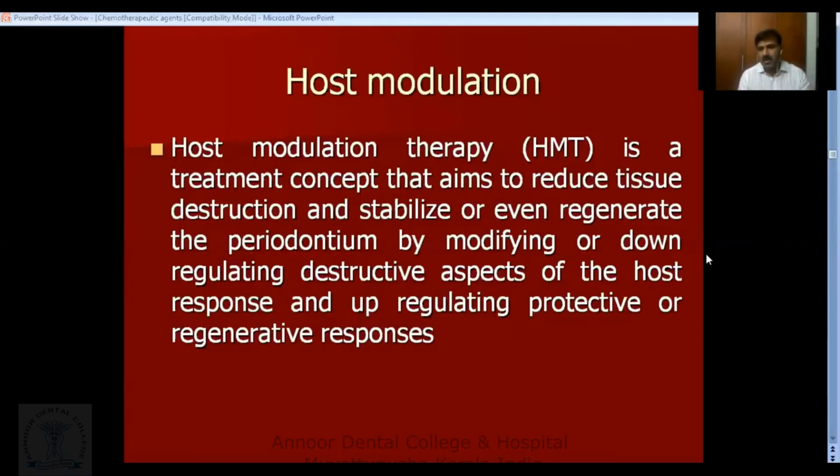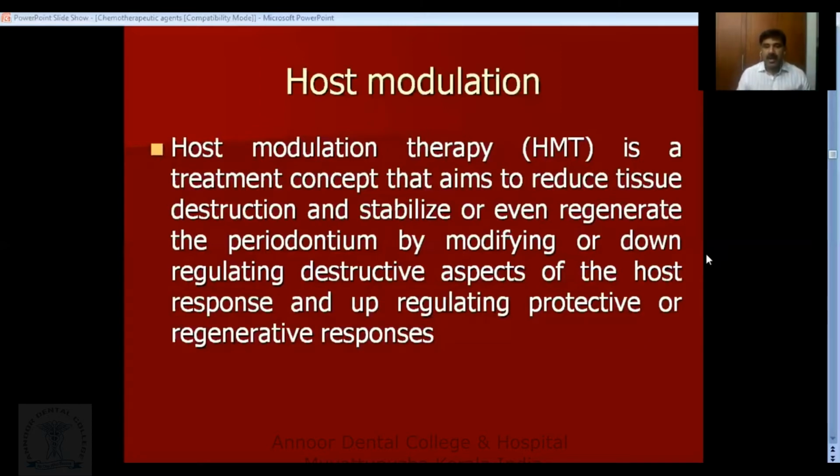So as a result of the interaction between the host and the bacteria, the bacteria will produce a lot of agents that destroy the host. The host will produce a lot of mediators to control the bacteria. But the problem is these mediators produced by the host not only destroy the bacteria, they also produce damage to the periodontal tissues.